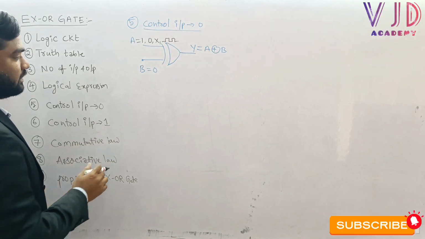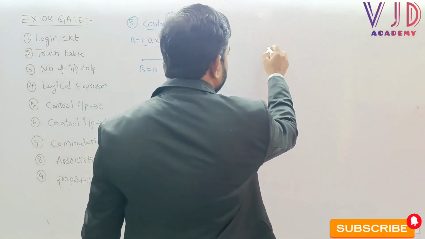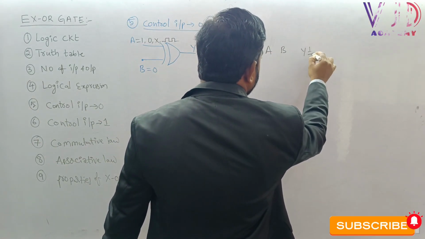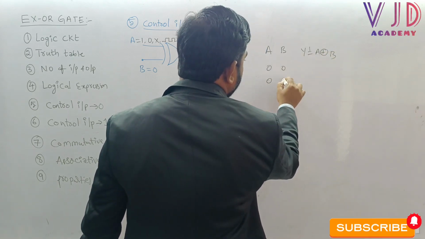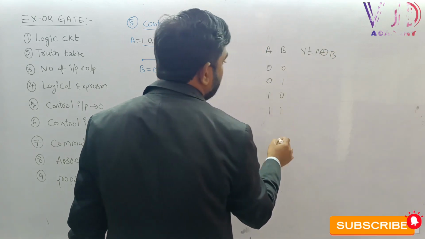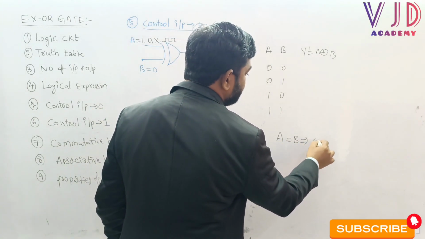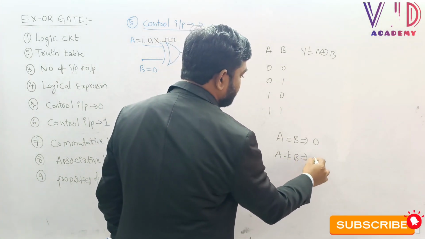Sir, I know the truth table of the XOR gate, let me draw it here. A, B, and Y equal to A XOR B. Here 0, 0, 0, 1, 1, 0, and 1, 1. I know that if A equal to B, automatically output is 0, and if A not equal to B, output is 1.